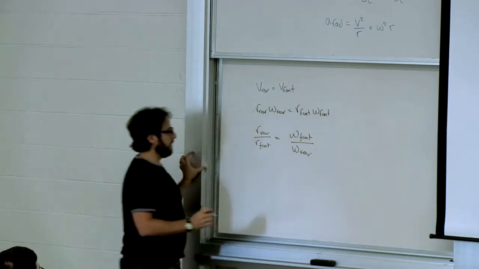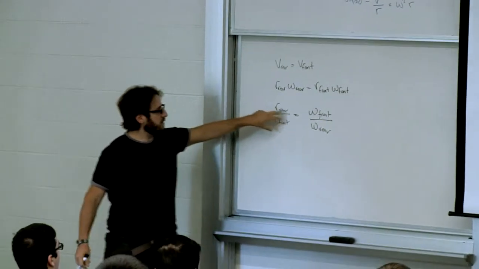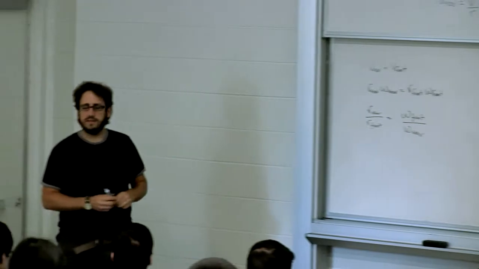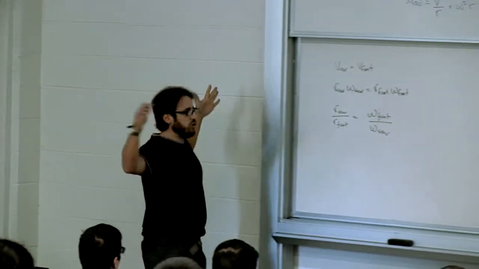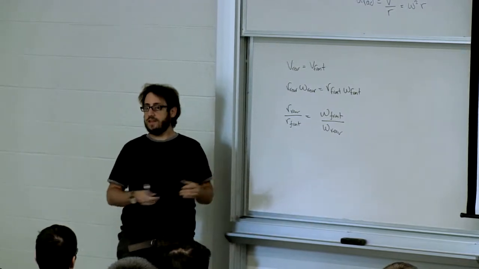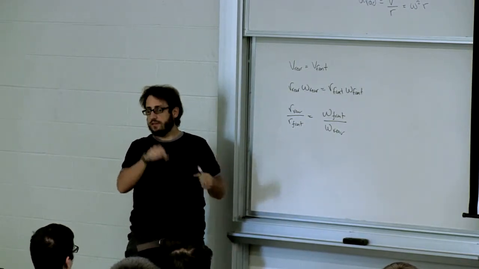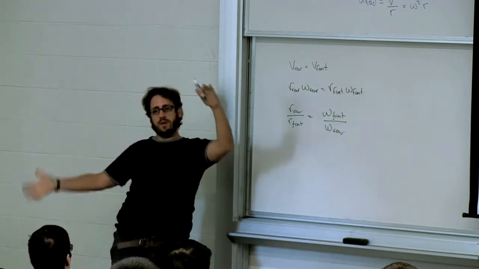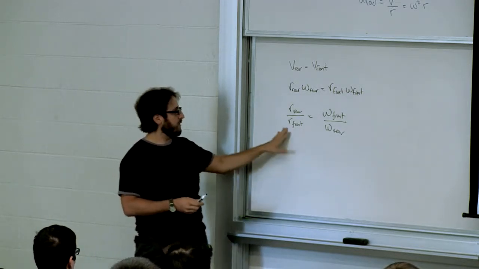Did I get that right? So the radius is an inverse relationship to the angular velocity. Does that make sense to us? Right? Same linear velocity. If you have a huge wheel, it's going to be spinning more slowly, right? And that's the whole idea on the bicycle. You spin the small wheel around your pedals quickly, and the big wheel doesn't have to move that fast. The big wheel, the actual wheel touching the ground, doesn't have to move that fast.